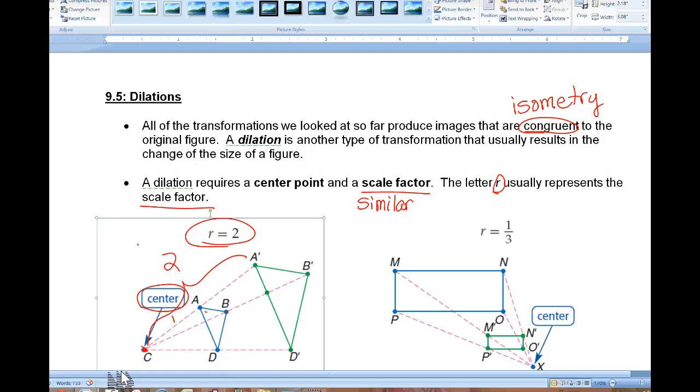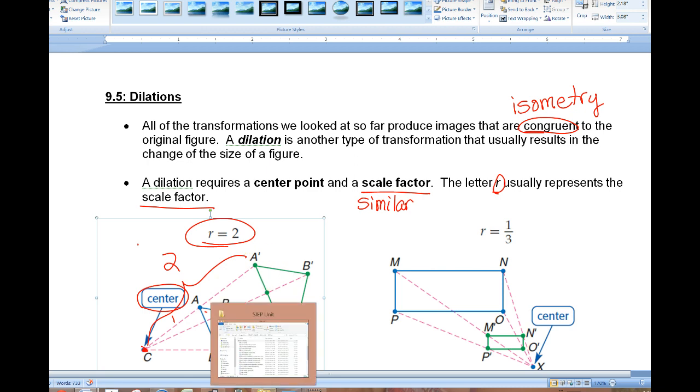So whenever your scale factor is larger than 1, your resulting triangle after the transformation should be bigger. You just extend triangle ABD compared to triangle A prime, B prime, D prime, which is twice, right? The ratio is 1 to 2. So whenever this dilation is bigger than 1, your result is going to be bigger than your original.